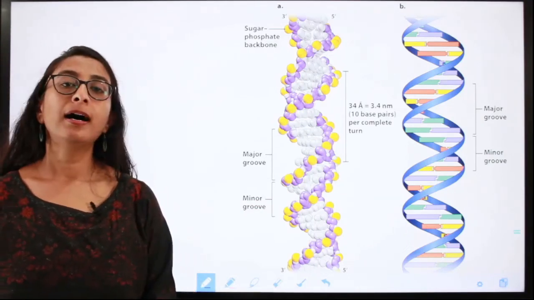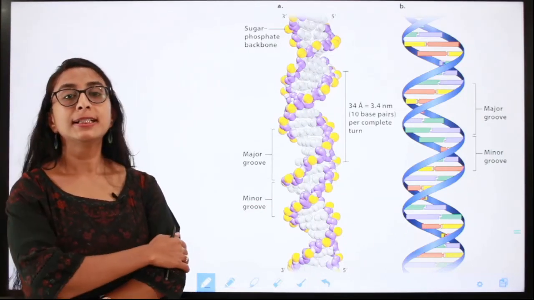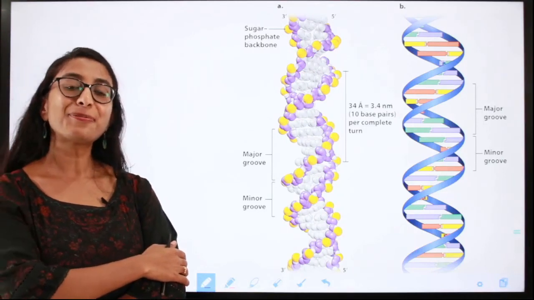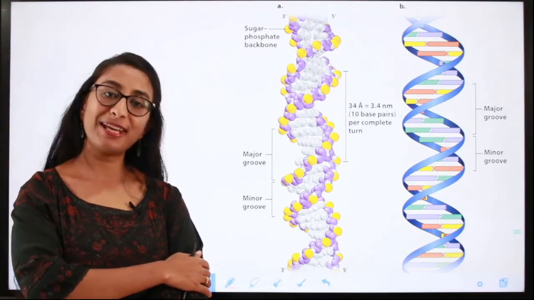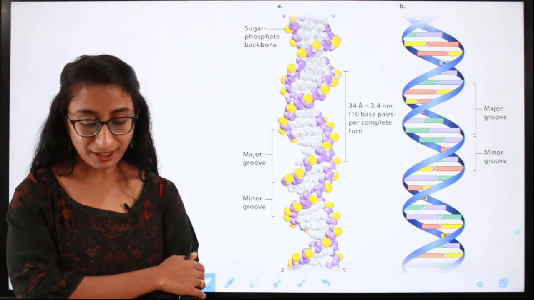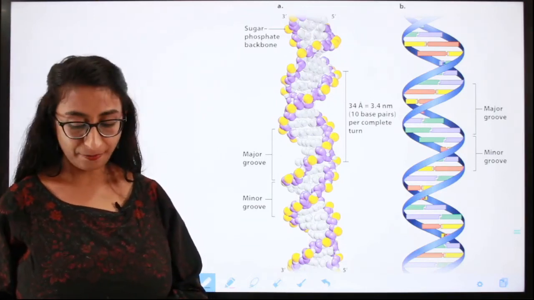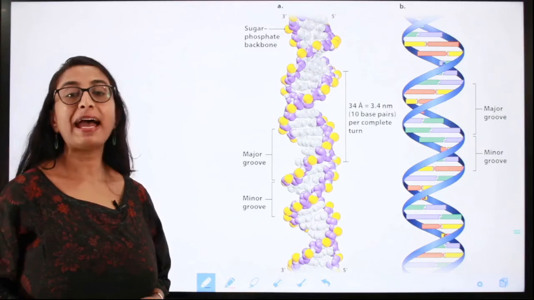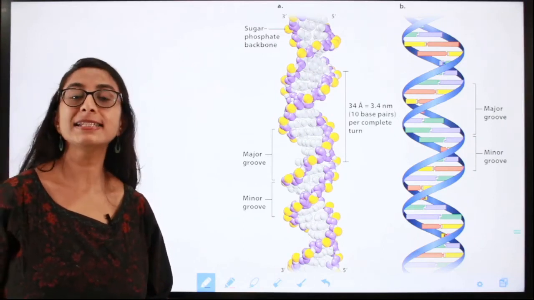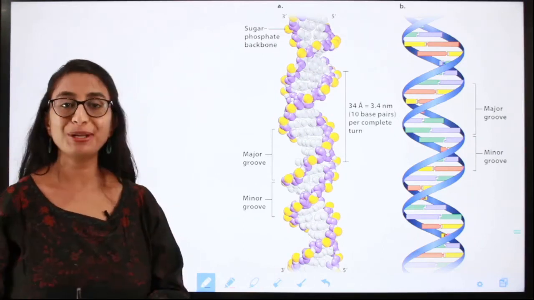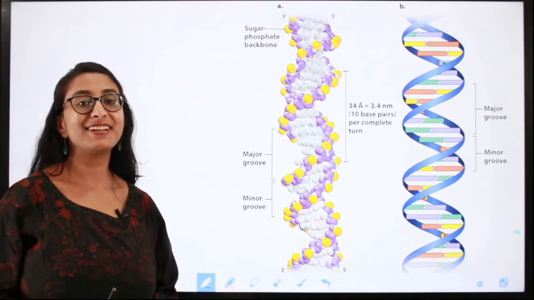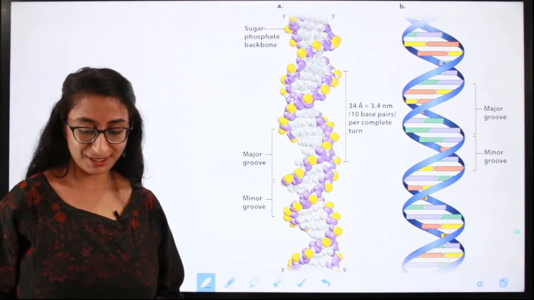So according to the double helical structure proposed by James Watson and Francis Crick in 1953, DNA is composed of 2 polynucleotide chains. The 2 chains have antiparallel polarity, that is, one chain runs from 5' to 3' direction and the other chain runs from 3' to 5' direction.